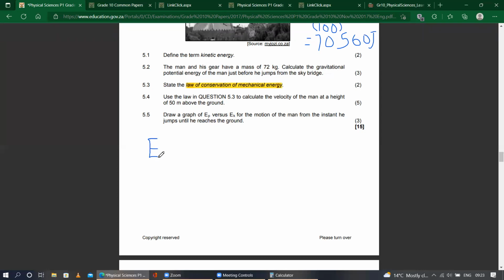I'm just going to write it like this: E mech initial. I'm just going to say EM to save space. So mechanical energy initial is equal to the mechanical energy final.